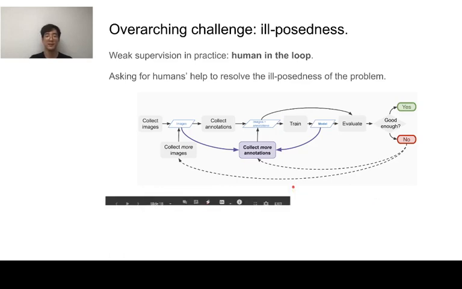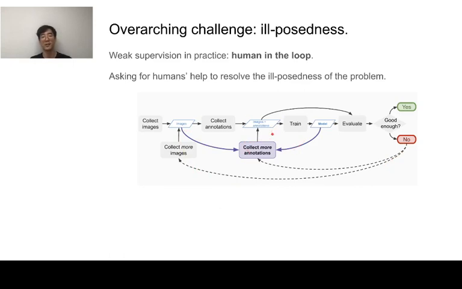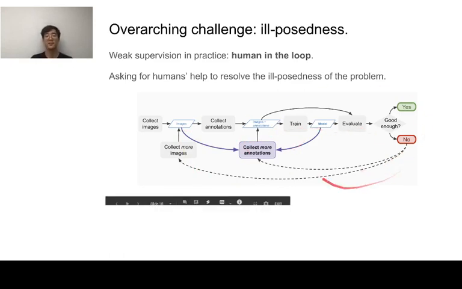This diagram shows how the human in the loop works. You first collect images, then collect annotations, train a model on top of it, and then evaluate. And you decide whether the performance is good enough. If not, you go back to the image collection stage or the image annotation stage and collect more data. You loop this until your model is good enough.